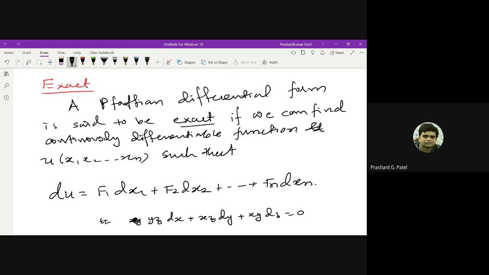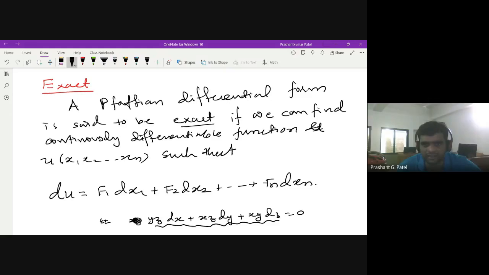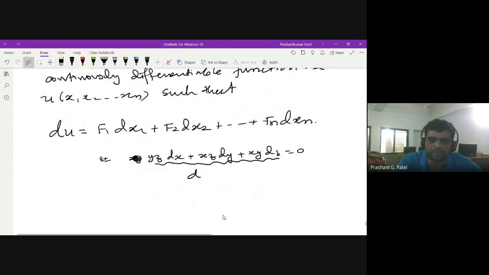This is a Pfaffian differential equation in the variables x, y, z. And this expression I may write as d of xyz equal to 0, because the d stands for differential: differential of x, differential of y, and differential of z. Here the first two variables are constant with differential of x, then differential of y, then differential of z.